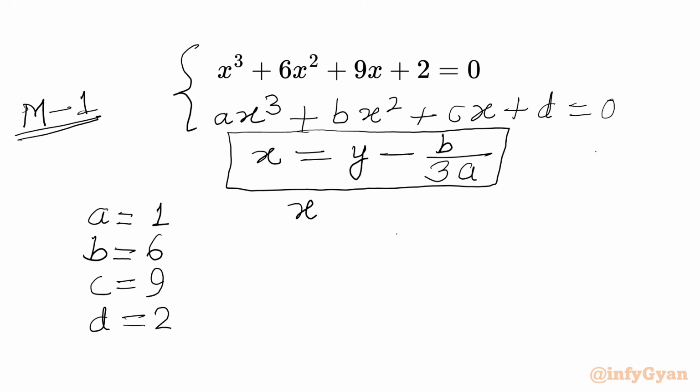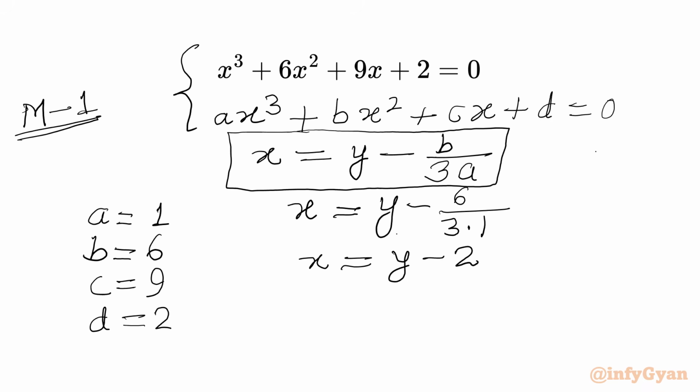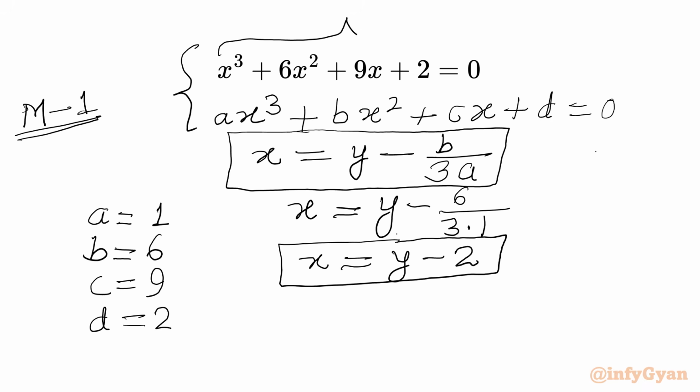So we can find x equal to y minus 6 over 3 times 1, which will be equal to y minus 6 over 3, it is 2. So our conversion is x equal to y minus 2 to get the depressed cubic equation from the given one. Let's replace x by y minus 2.